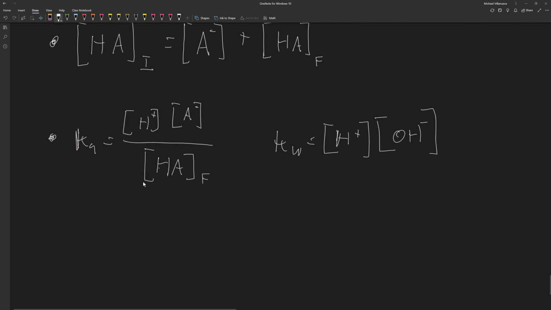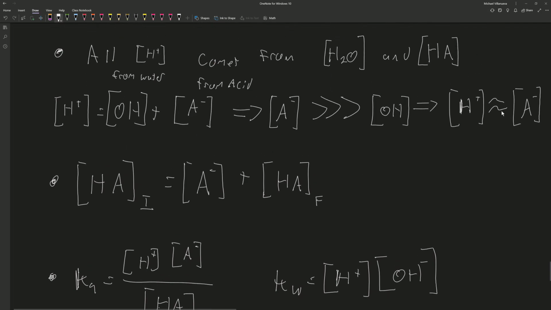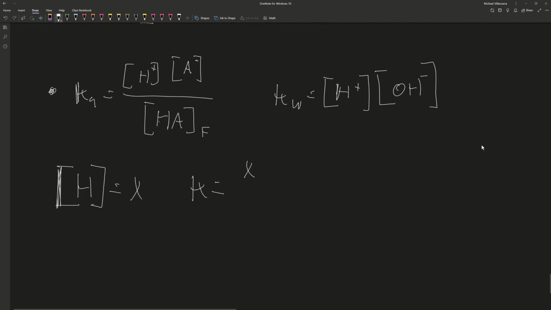So we can have H, since H is what we're searching for, be equal to X. And so Ka will be equal to X. And what is A? Well, we said that H is equal to A. So it will be X times X all over HA final.